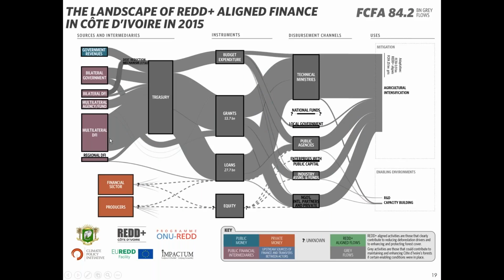In this same year, in 2015, as you can see in this figure, we also identified, however, 141 million US dollars of public money in Cote d'Ivoire that was invested in grey business as usual activities.